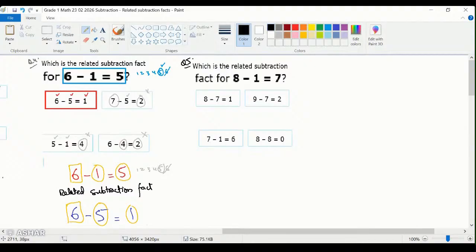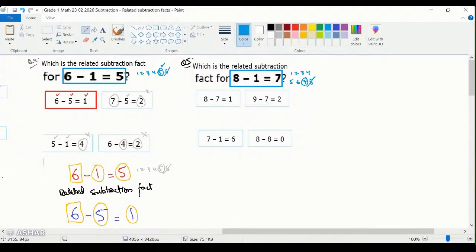Let's confirm. How do we say 8 minus 1 equals 7? We can write the numbers 1, 2, 3, 4, 5, 6, 7, 8. If we subtract 1, we are left with a 7. Agreed?